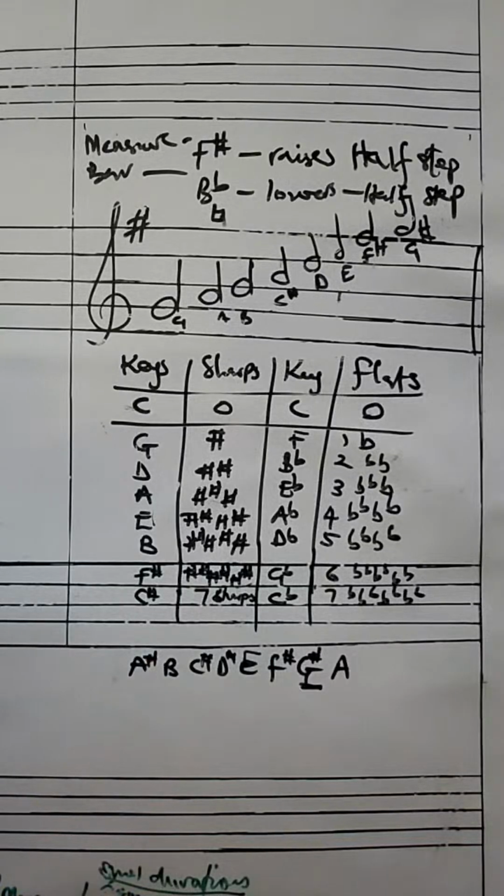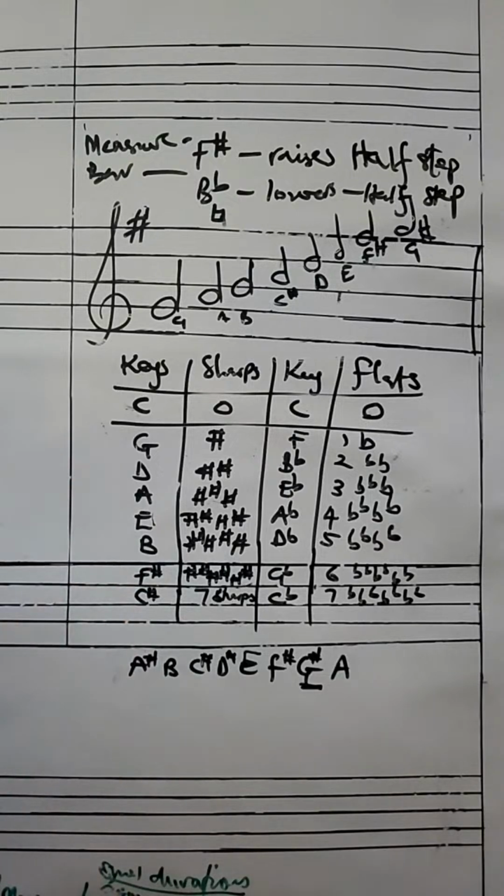So magical, right? I discovered it myself. Nobody taught me this one. I discovered this myself, and it's very simple. You can realize this yourself. If you know this, you know music yourself.